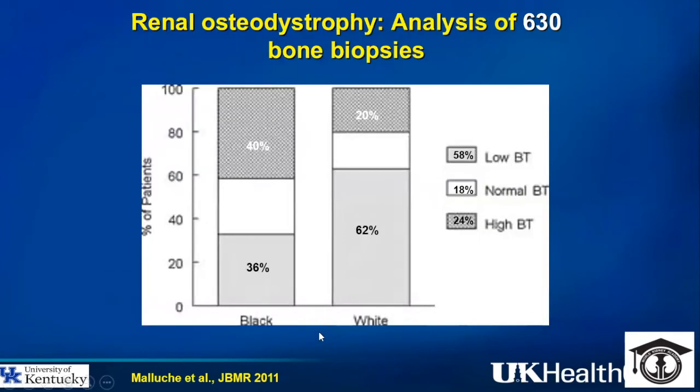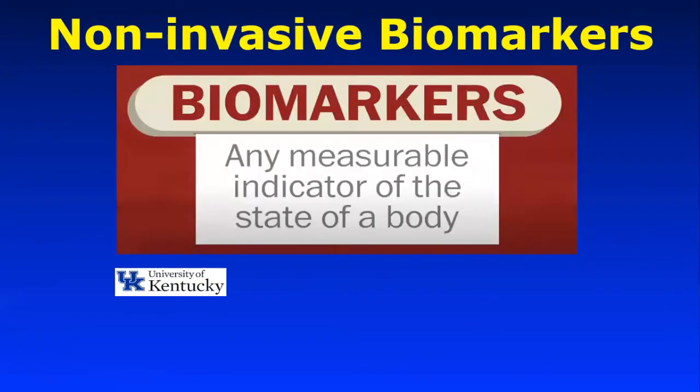Also in our lab, Malluche and other investigators found that the majority of our bone disease in the last decade or so was low turnover bone disease, especially in whites. Maybe in blacks, it's a mix between high turnover and low turnover bone disease, but in whites, low turnover bone disease is very prevalent.